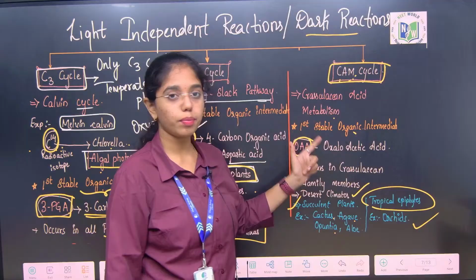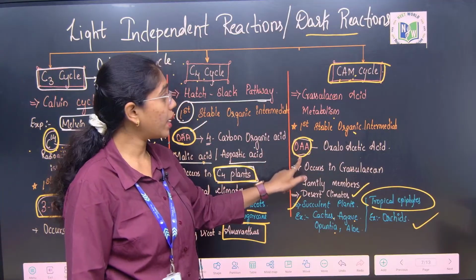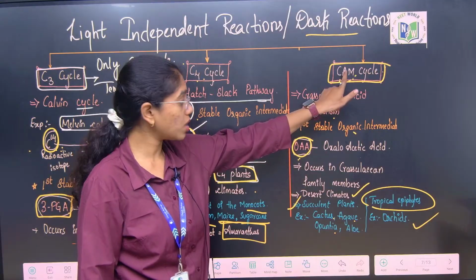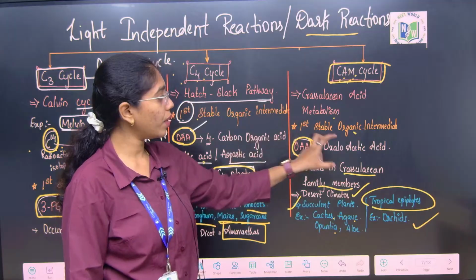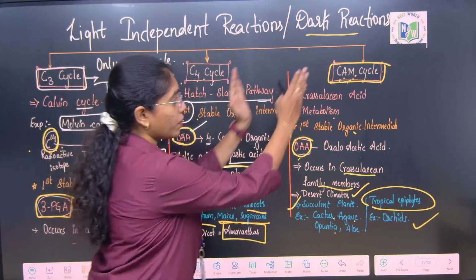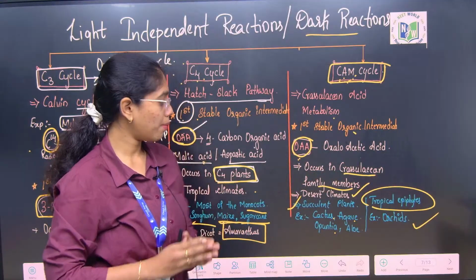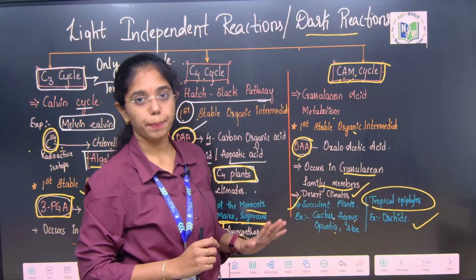The first organic stable product is the same as that of the C4 cycle, that is OAA, but the CAM cycle is named so because it occurs only in crassulacean family members. You will know the clear difference between the C4 cycle and the CAM cycle when we learn the biosynthetic pathways in detail. This occurs in succulent plants and tropical epiphytes.